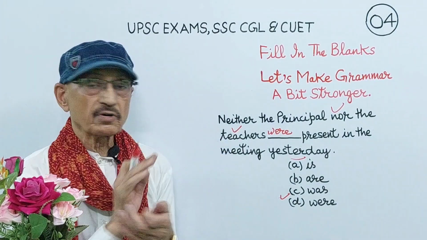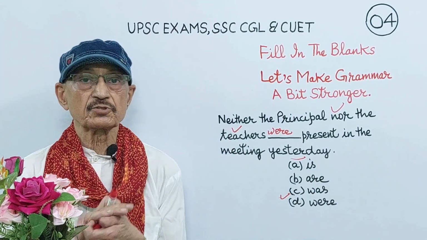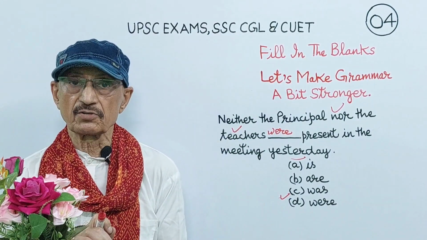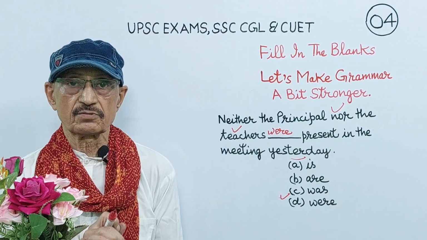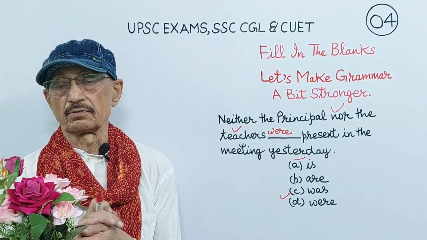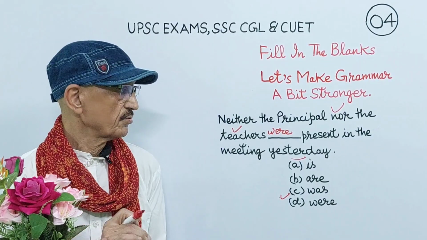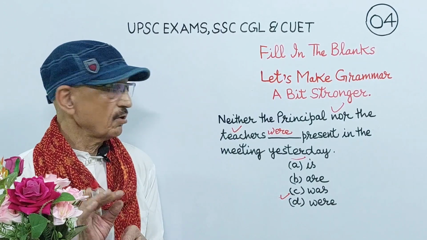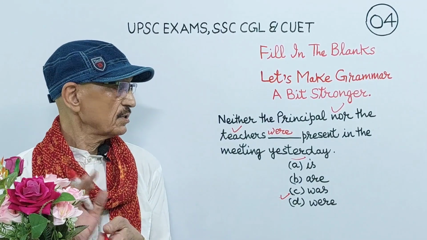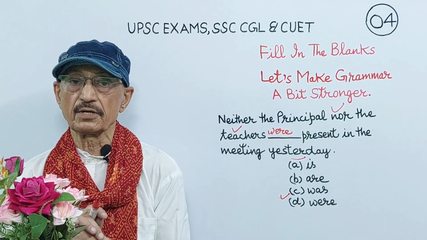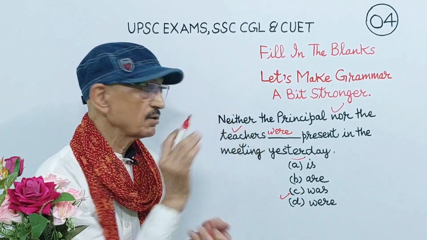The subject is plural, helping verbs should be plural, and for yesterday you will have to use past tense. If the sentence is like this, neither the principal nor the teacher, then we will take was. Neither the principal nor the teacher was present in the meeting yesterday. But the subject is plural here, so we will take were.